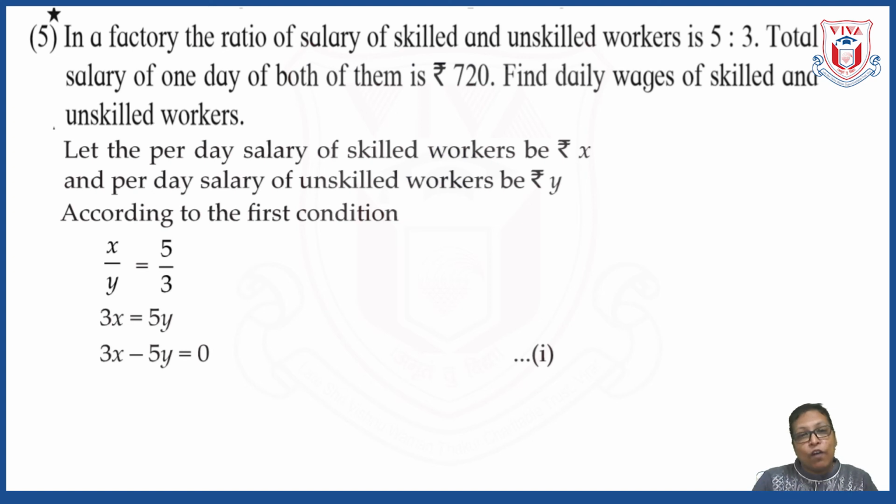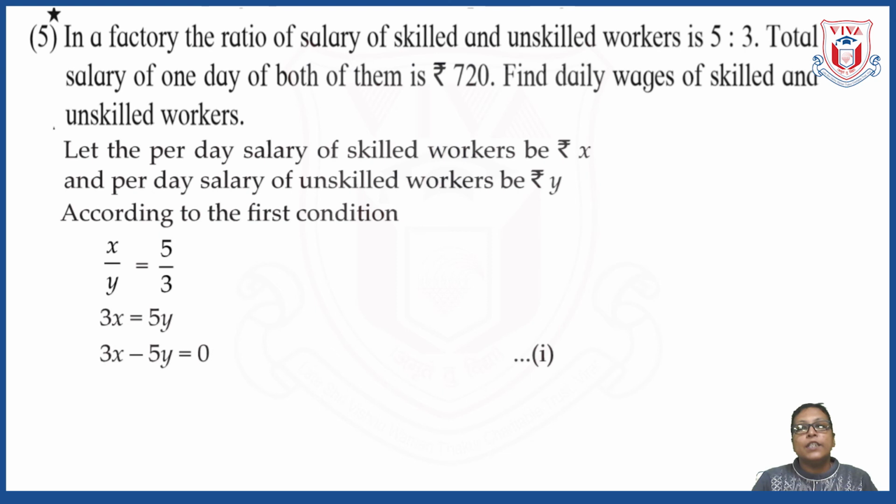Now when we solve this, we have to go for cross multiplication. What we will get? 3x is equal to 5y. And then write the equation in standard form. So we got 3x minus 5y is equal to 0. Equation number 1.